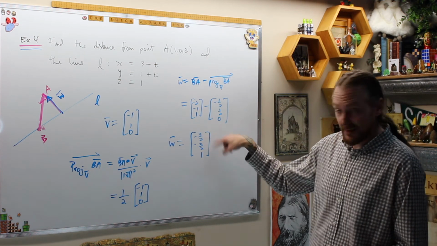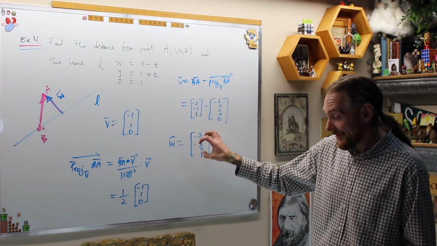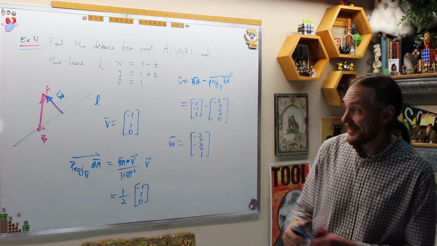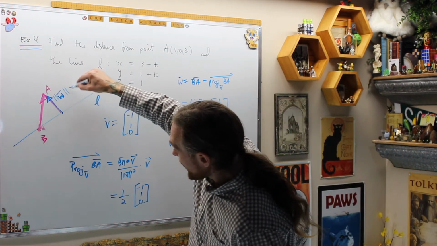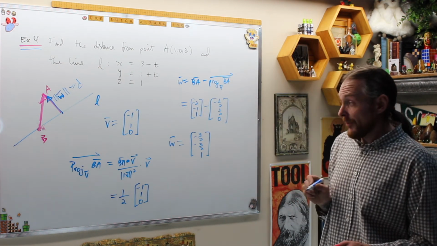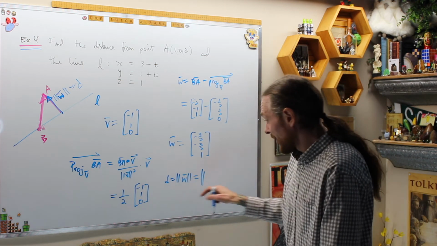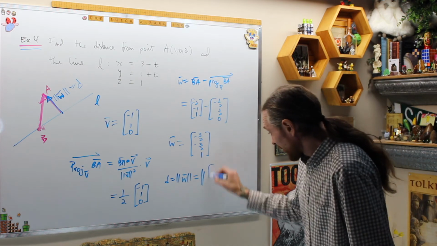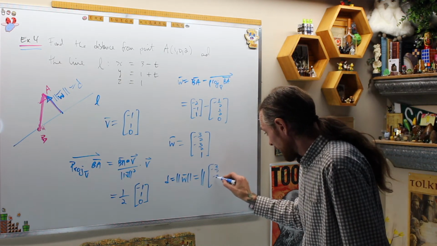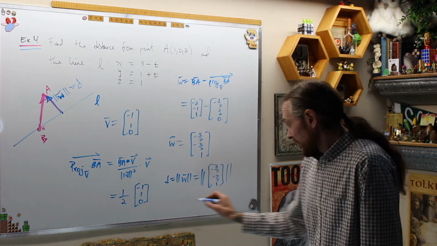But that's a three-dimensional vector in space. The length of that, or the norm, is the distance. So the norm of W is the distance D I'm looking for. So D is going to be the norm of W, which is the norm of, you don't have to put it in that horrible algebra, this guy, (-3/2, -3/2, 1), which is going to be what?